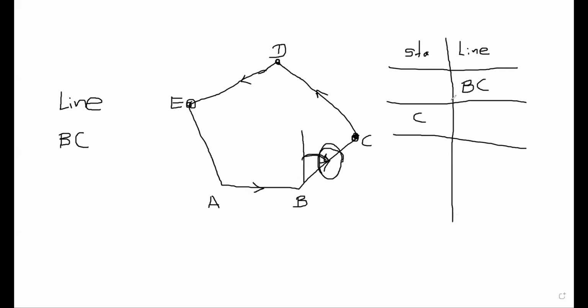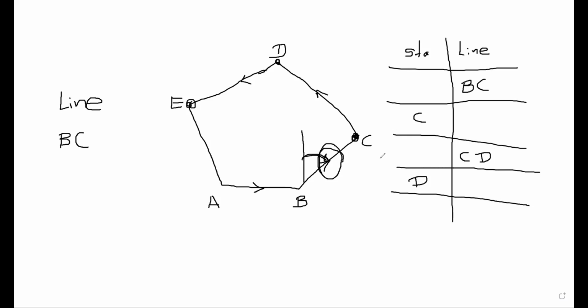Station and line cannot be entered in the same row. Then after C, you move to line CD, the CD line. Then station D. Likewise, you have to fill the first two columns.